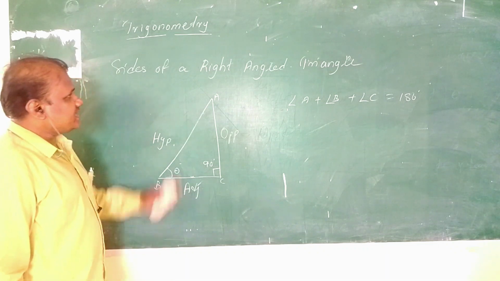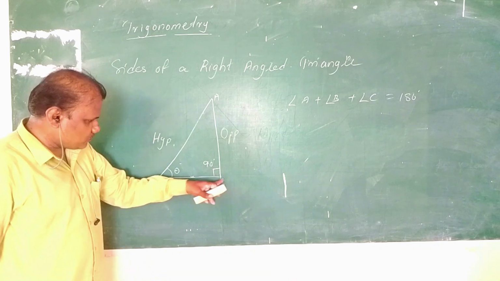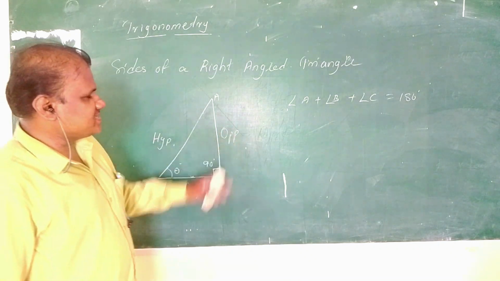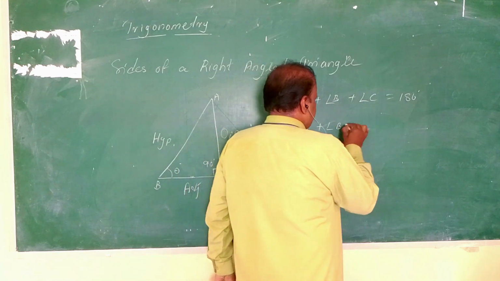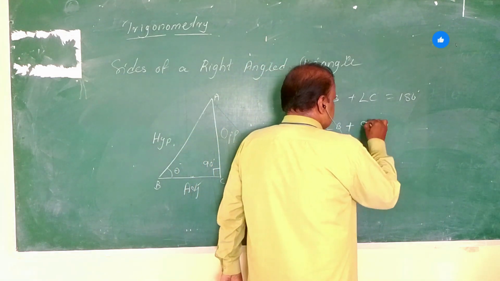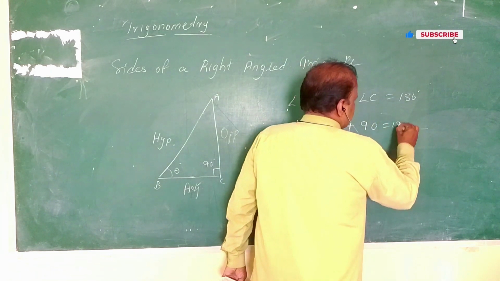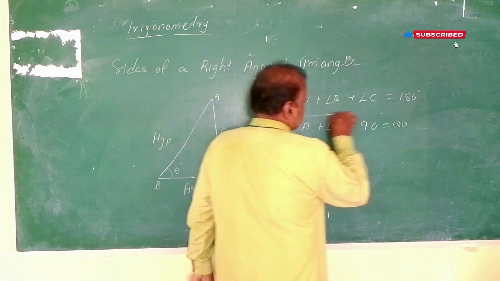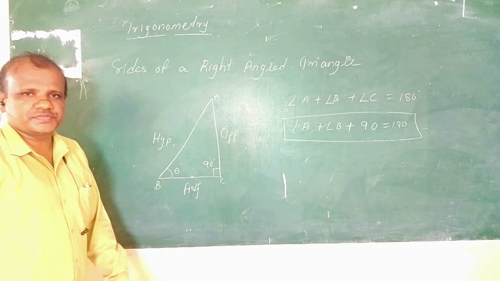But in a right angled triangle, one angle is 90 degrees. In this example, the angle at C is 90 degrees. Therefore, A plus B plus C equals 180.